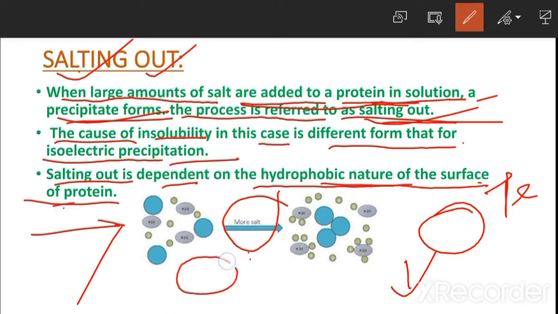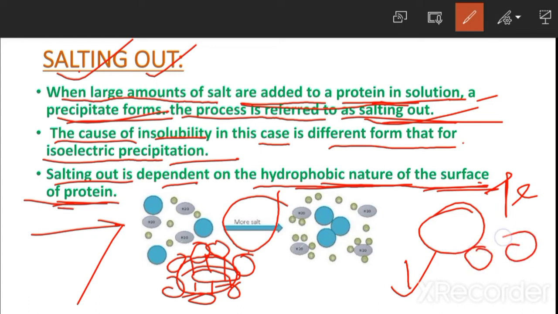That means in some cases in protein, hydrophobic regions are on the exterior side. That's what causes the salting out precipitation.